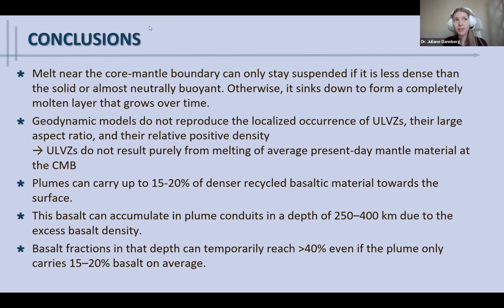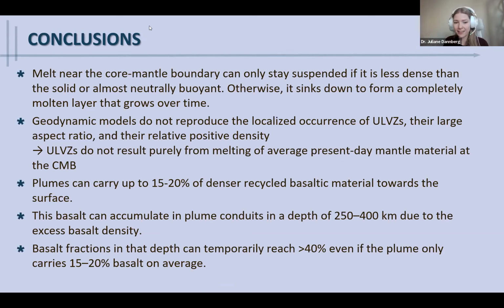Most people say they should have some different composition than the mantle. There are still some people who say, well, maybe they are just hot and have the same composition as the mantle, but it's still unclear what this material actually is in the region where the plumes start to rise to the surface.